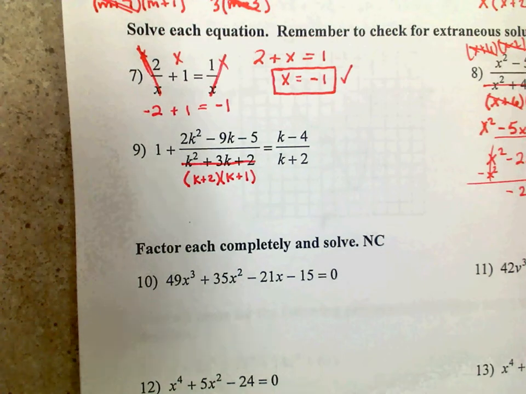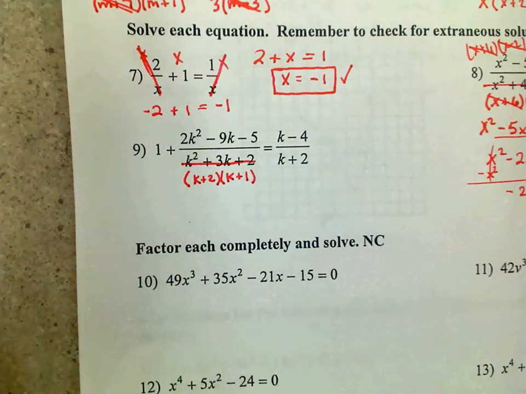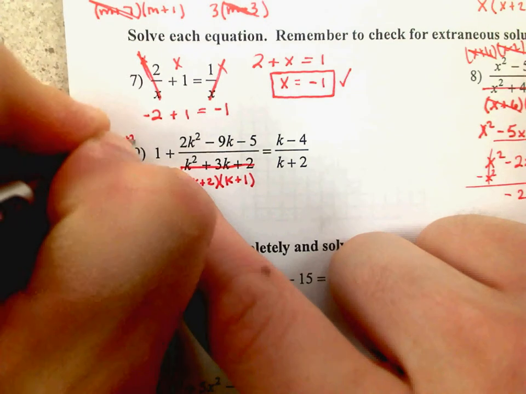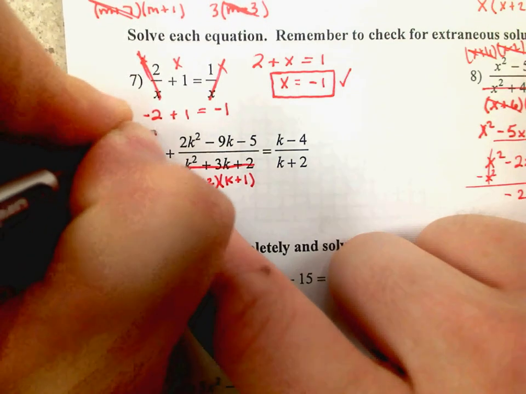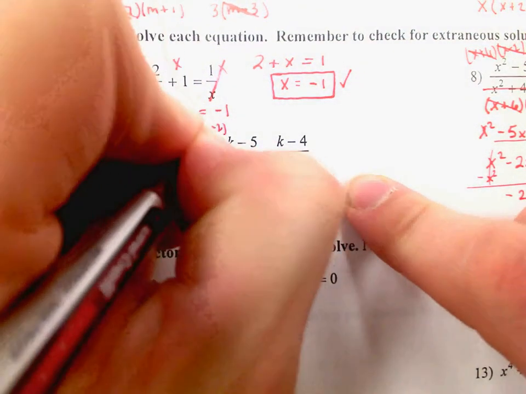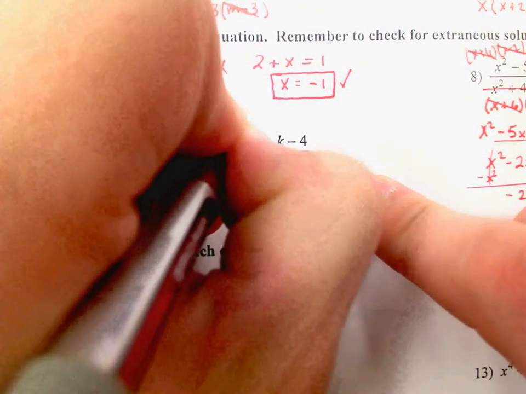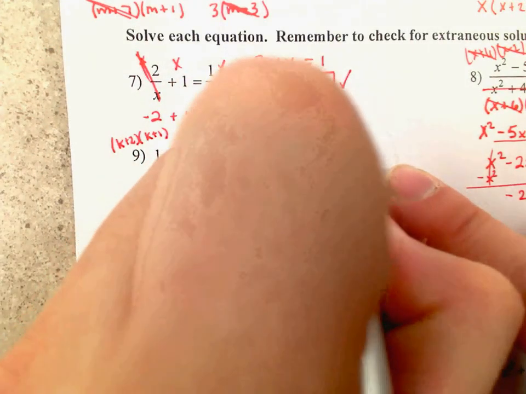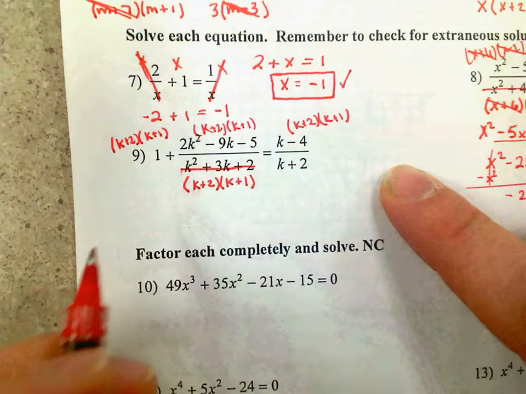So k plus 2 times k plus 1, and do that for all 3 terms. Now nothing cancels on the far left. They all cancel in the middle.